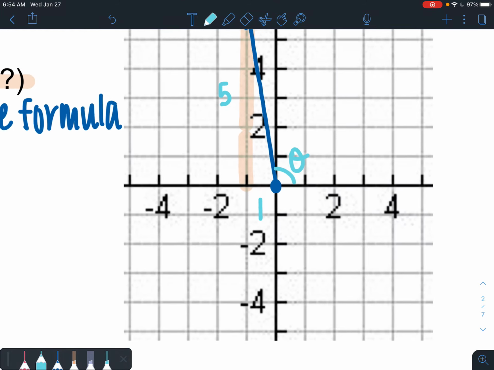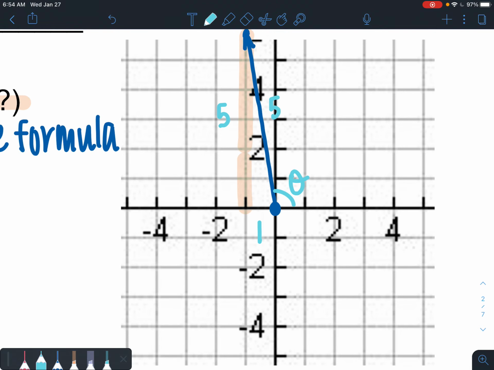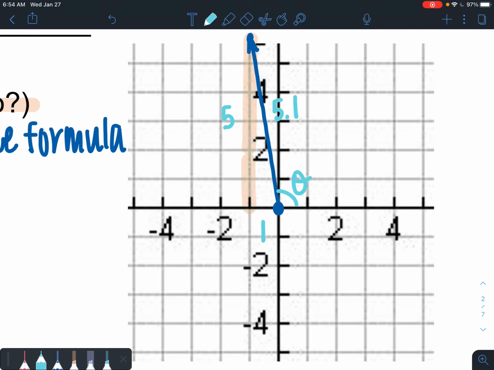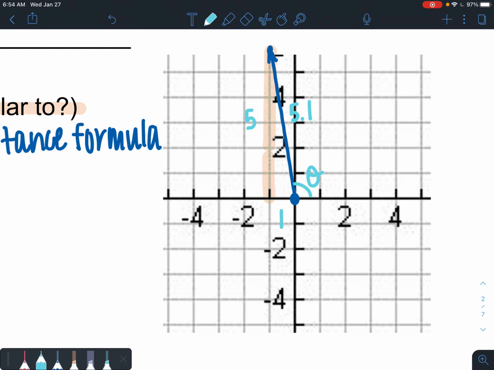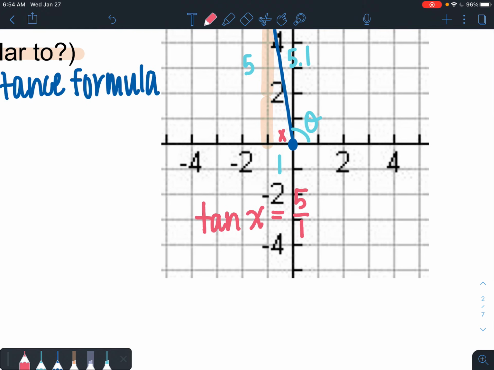So then using the distance formula, I also know that this is about 5.1. Not that we need it, but I can say that we'll just call this x. So tangent of x is equal to 5/1. So then using the inverse, x is equal to the inverse tangent of 5/1.